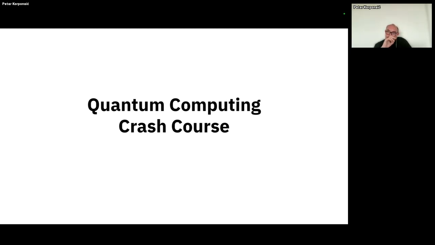Let's try to explain quantum computing very quickly and how to program a quantum computer very quickly, from which you will have a picture of how that works, and if you are interested, you will know where to go and how to learn, and what you can expect from quantum computing if you are not already familiar.